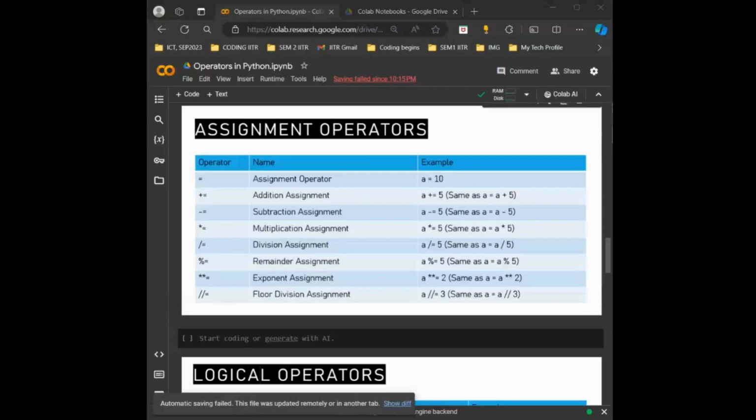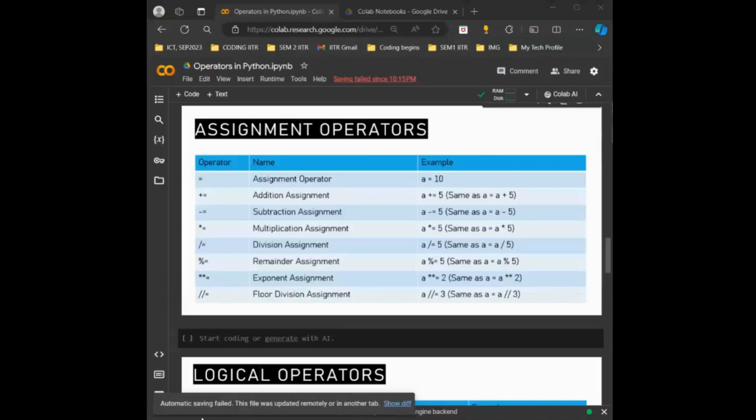In the previous example, A is equal to 10, so if we write A plus equal to 5, 10 will be added to 5 and the result will be stored in A. The new value of A becomes 15.